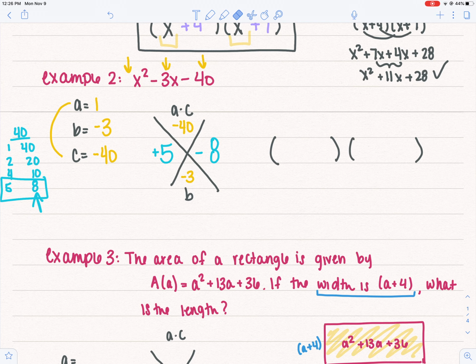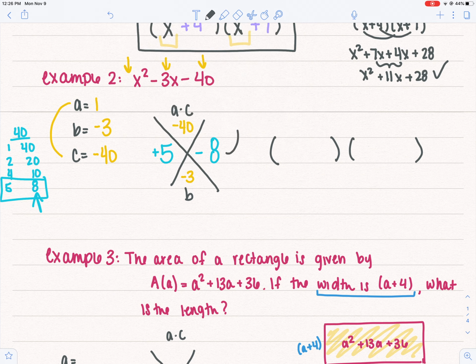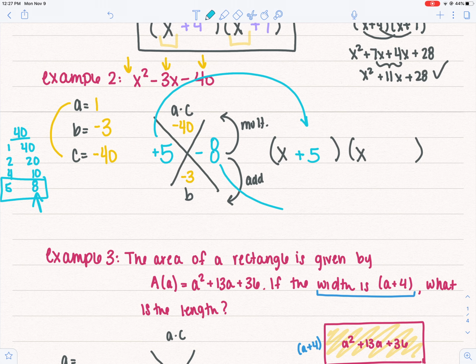You can check it and say positive 5 times negative 8 does multiply to negative 40. Positive 5 times negative 8 does add to negative 3. And so my factors are going to be x and x, because it's x squared, and it will be positive 5 and negative 8.